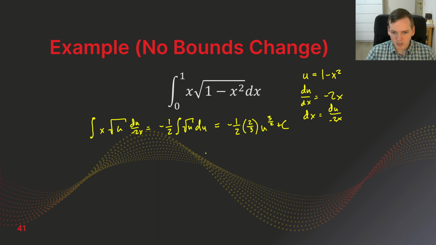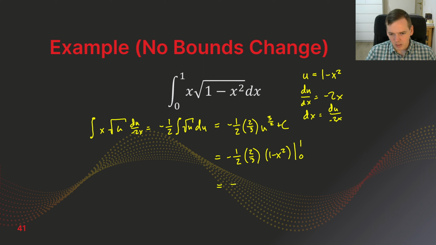Now I have to plug in my u, which is equal to negative 1/2 times 2/3 times 1 minus x squared to the 3/2. And because I've plugged this in, now I'm back to my original x values. So I can plug in x is 0 and x is 1.